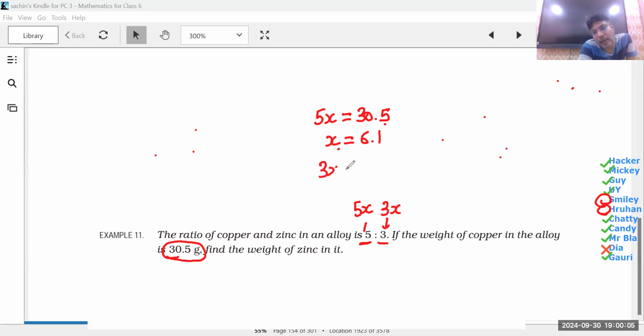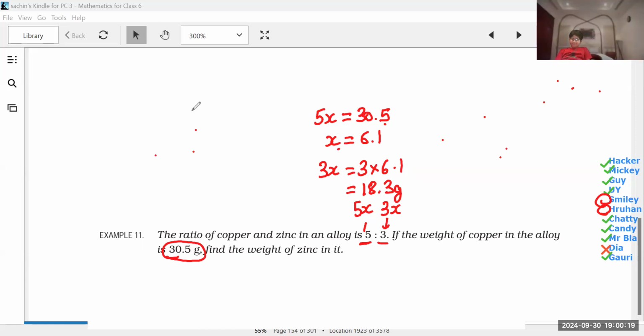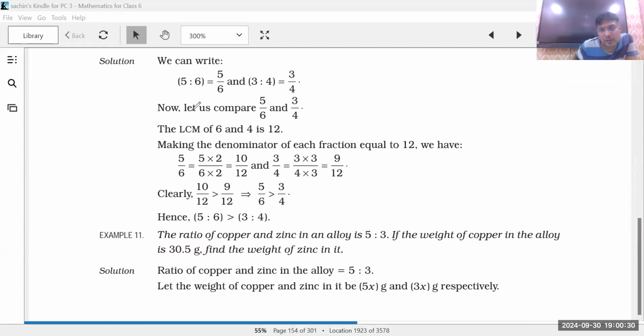So 3x will be equal to 3 times 6.1, which is equal to 18.3. Understood, Ruhan? Yes. Smiley and Dia? Yes, sir. Dia beta, please give me a verbal confirmation. I know you are driving. Sir, so the answer is 18.3 grams. Correct. Understood, Smiley? Yes, sir.